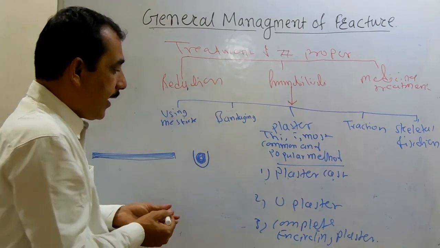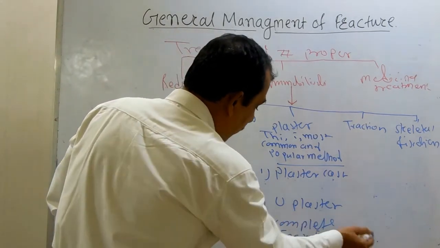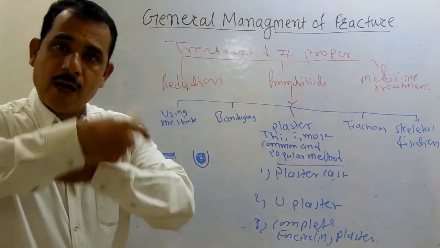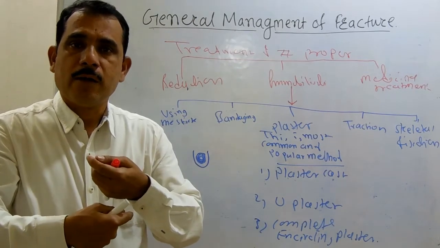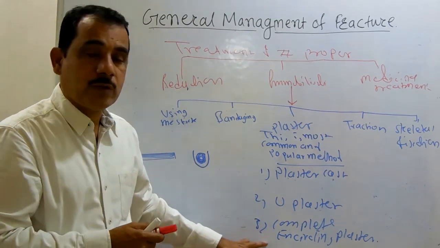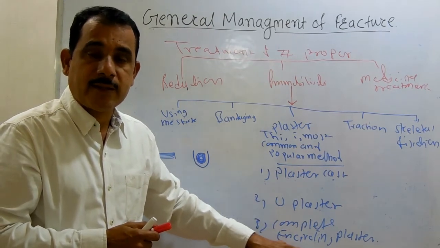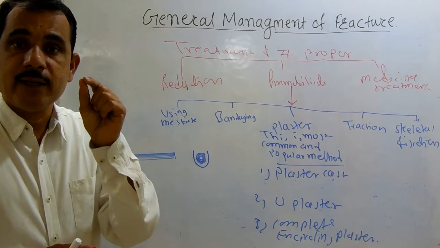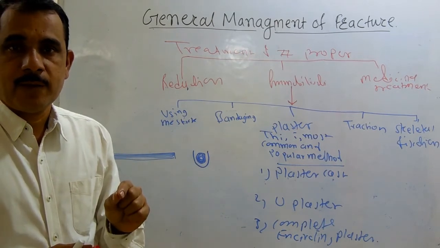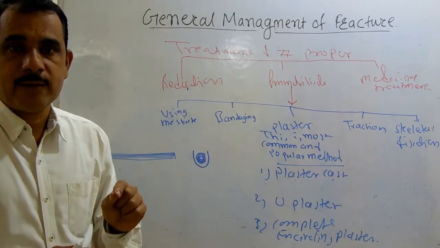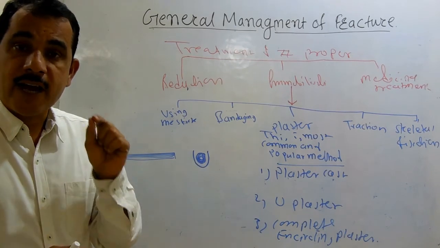And last is what? Complete encircling plaster, meaning around the whole arm. This is the most commonly used one. Why? Because its advantage is that it gives rigid immobilization, whatever you require.